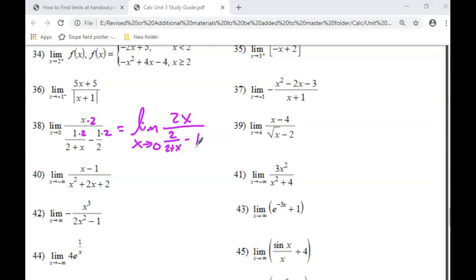And then I'm going to multiply everything by 2 plus x. Those cancel. And now I have the following. So we have 2x times 2 plus x on the top. Just going to leave that alone. And on the bottom, we have 2 minus 1, 2 plus x.